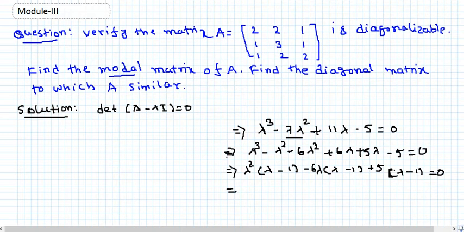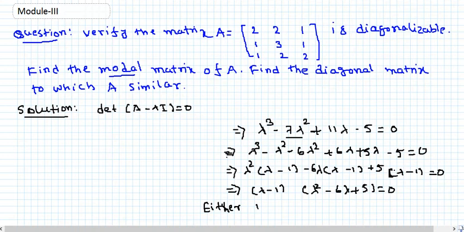So we get lambda minus 1 into lambda square minus 6 lambda plus 5 equals to 0. So either lambda equals to 1 or lambda square minus 6 lambda plus 5 equals to 0.